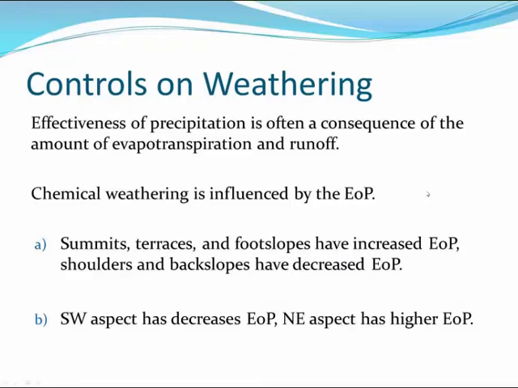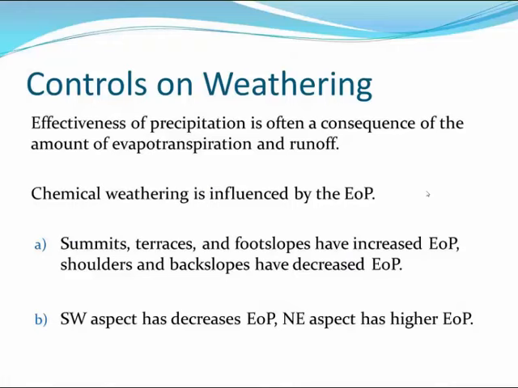All right, another thing to think about is the effectiveness of precipitation. We had an example just a minute ago where we talked about the comparison between the amount of precipitation and the amount of evapotranspiration. And so on what landforms would we have highly effective precipitation?